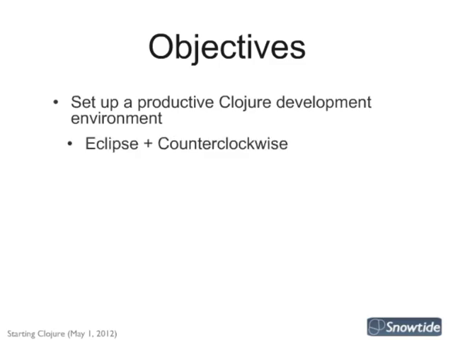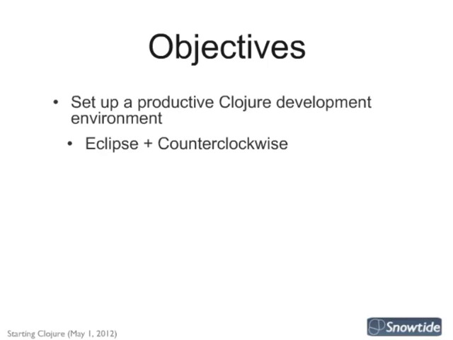This is specific to Eclipse, but there are Clojure development environments that are equivalently capable for Emacs, Vim, NetBeans. I haven't used the one for IntelliJ, but I hear good things. So nothing here is going to be Eclipse specific, except for maybe 2 minutes just showing how easy it is to get those plugins installed so that you can use it.